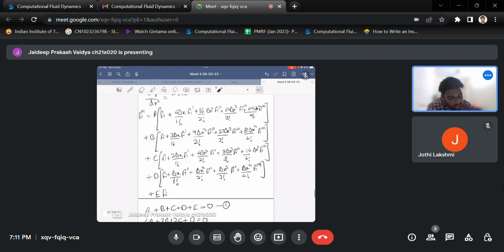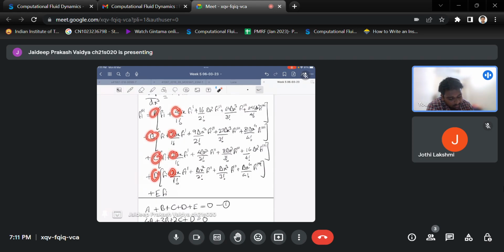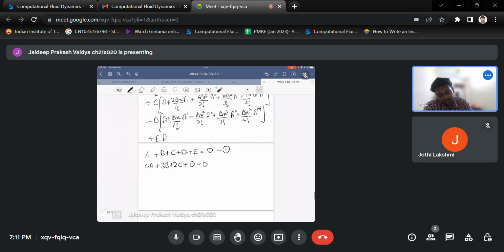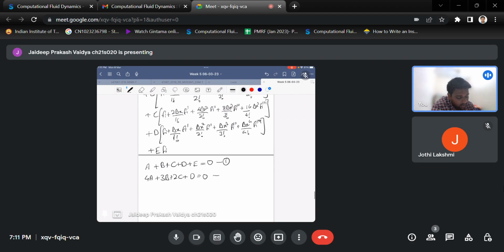So that comes out to 4 times a plus 3 times b plus 2 times c plus 1 times d plus 0 times e, multiplied with the common element delta x fi dash by 1 factorial, which equals 0. I'm calling that equation 2.